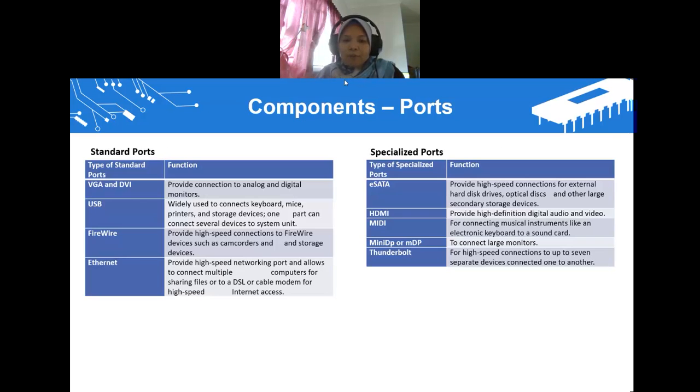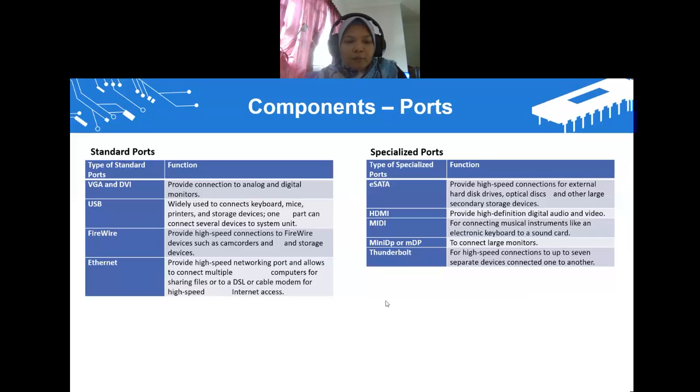From the slide, examples of standard ports are VGA and DVI, which provide connection to analog and digital devices. USB is widely used to connect keyboards, mice, printers, and storage.